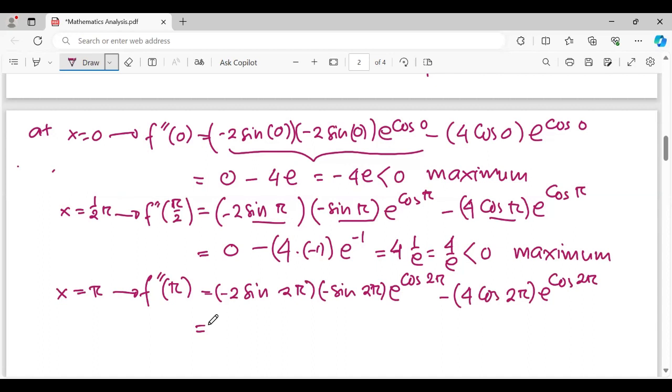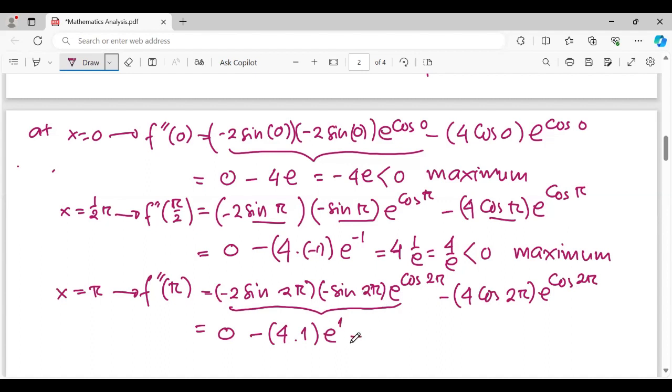Sine 2 pi is 0, so this part is 0, minus 4 times 1 times e power 1.